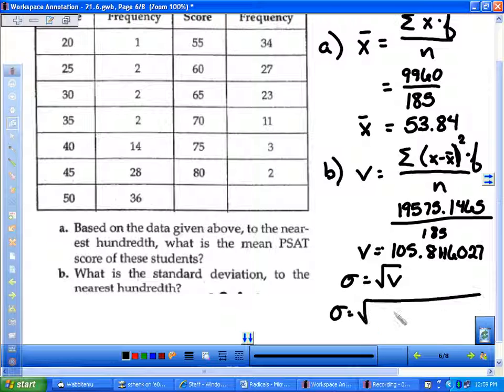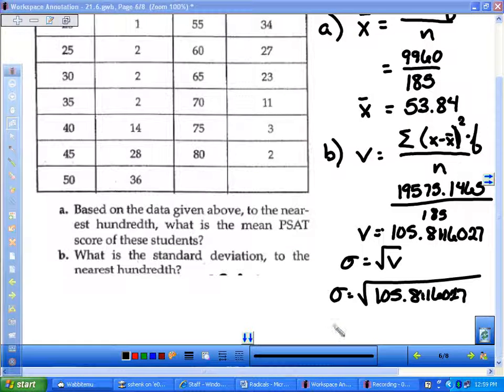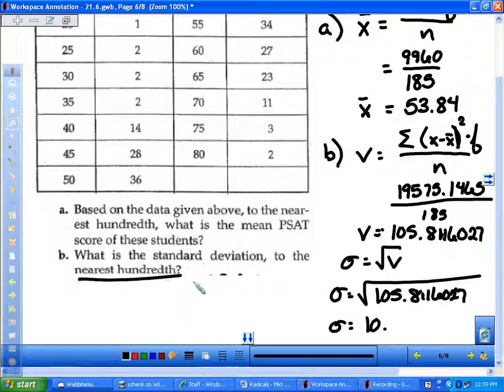So the standard deviation is the square root of 105.8116027. We want this one to the nearest hundredth as well. 10 point what? 28 or 29? Yeah, nearest hundredth. 29? 10.29 would be our standard deviation.